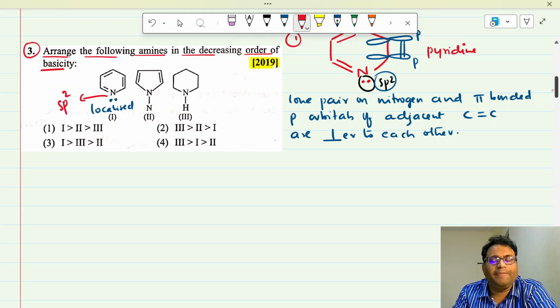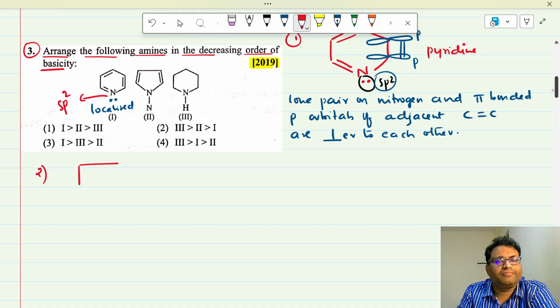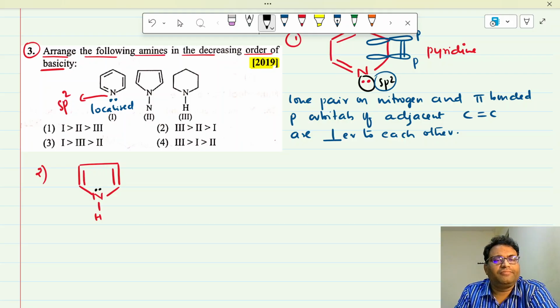Okay, let us see the second option. The second option is given like this. Nitrogen, okay, this. Here you see this pair of electrons. You have a conjugated system.